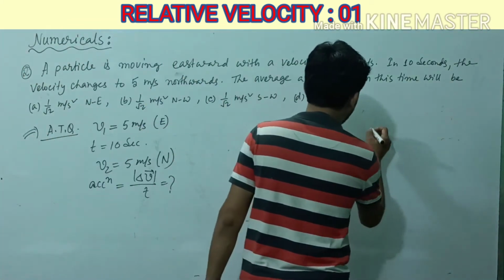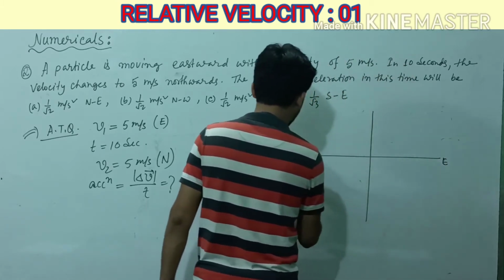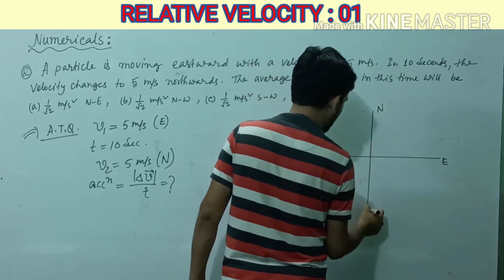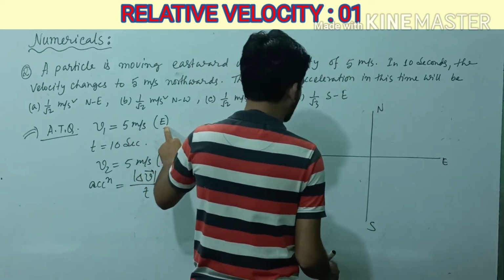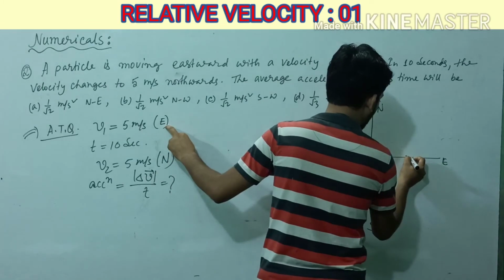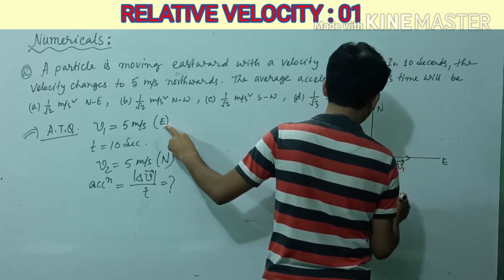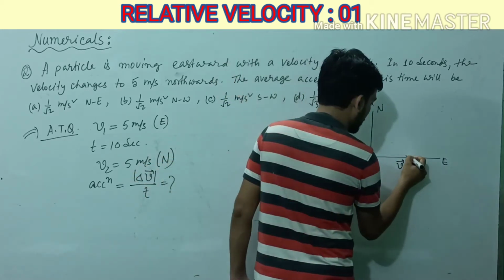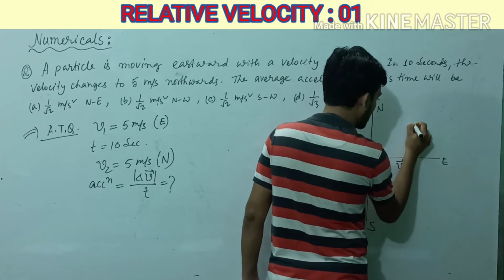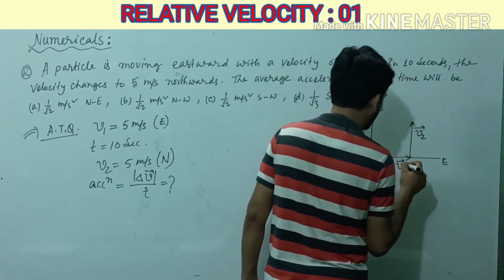So let's draw the diagram. Let it be east, west, north, south. So 5 meter per second towards east, then 5 meter per second towards north. Right from here the velocity changes its direction and it becomes towards north.